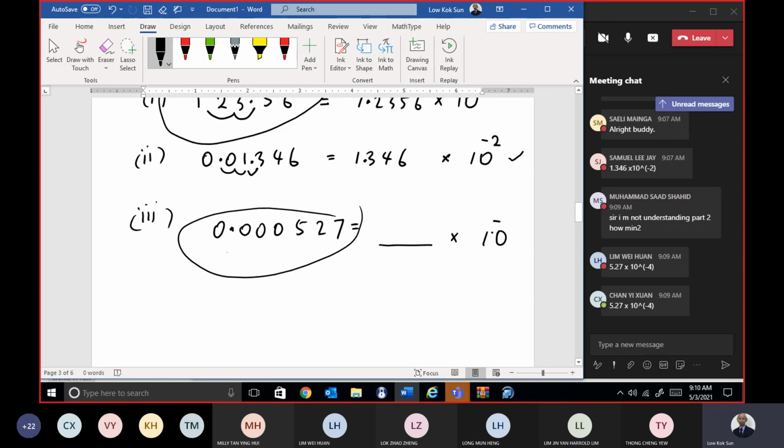So you put a negative to make sure you don't make a careless mistake. The second one, this number has no negotiation, you must put it down, no other way. Standard form, it must be 5.27. You cannot change this number, because it's standard form.